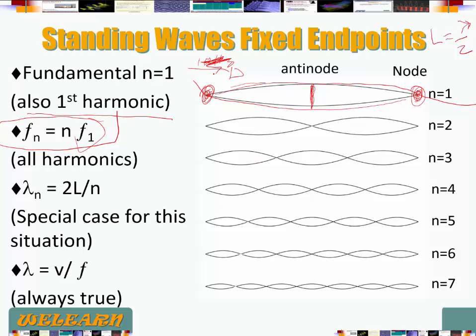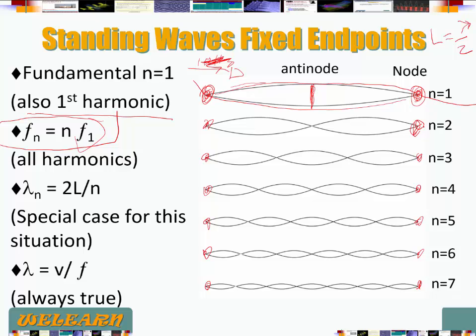Okay. So now let's look more closely at the other harmonics. There is a physical constraint that's the same for all harmonics, that the ends have to be nodes. That's applicable to all. That's a physical constraint.